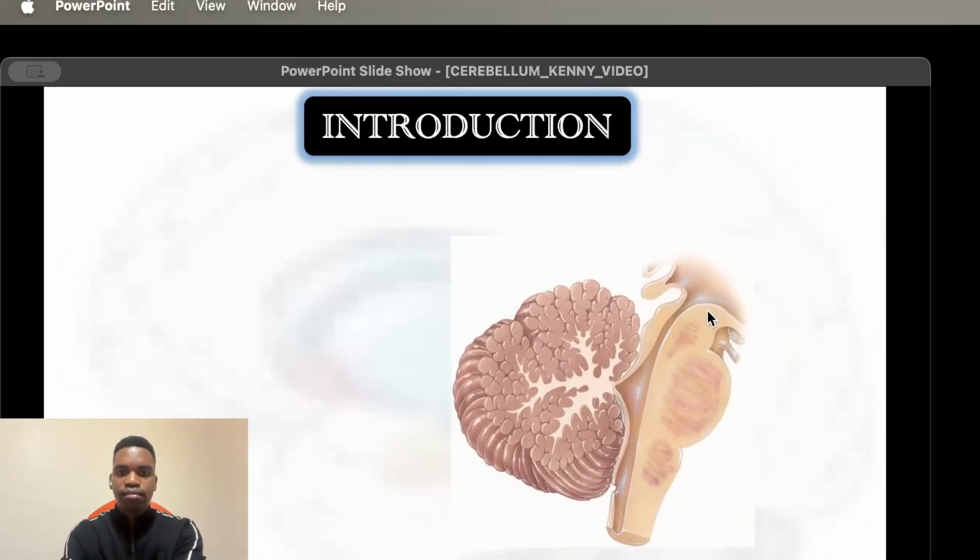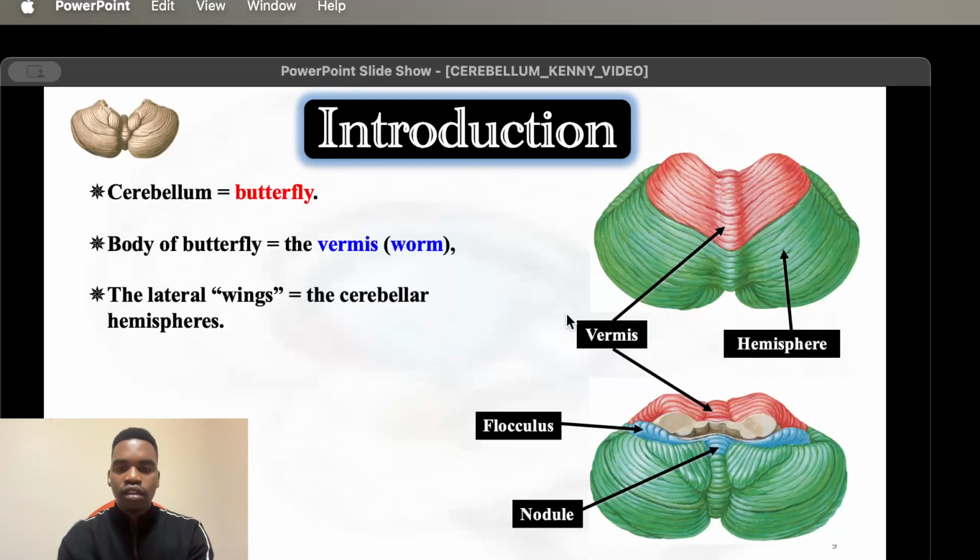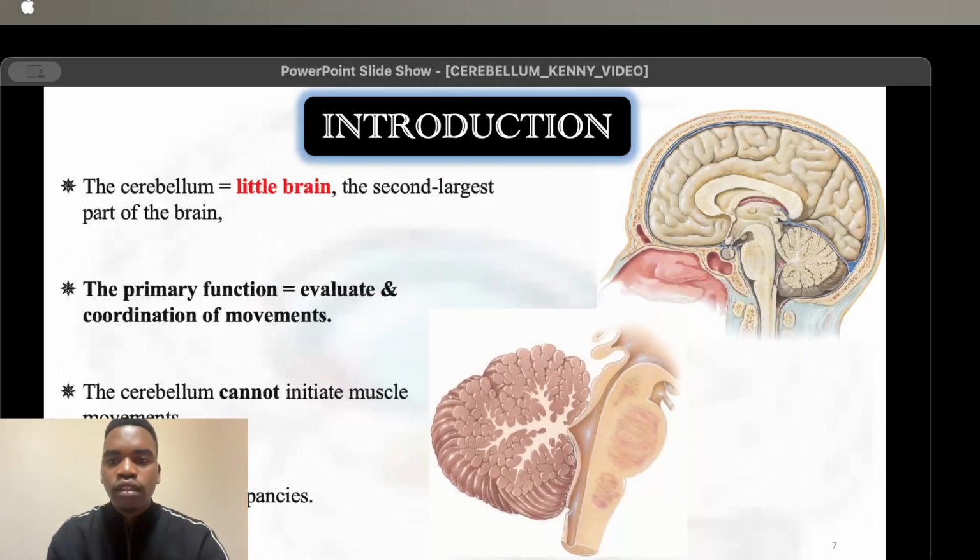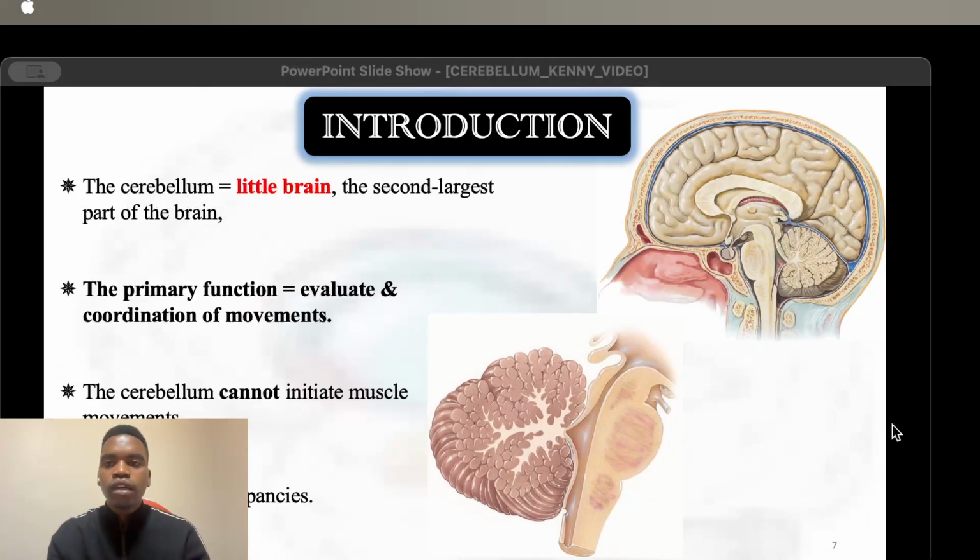Now the cerebellum itself. The word cerebellum means little brain, because it is Latin. So Latin cerebrum is like brain, and cerebellum is little brain.